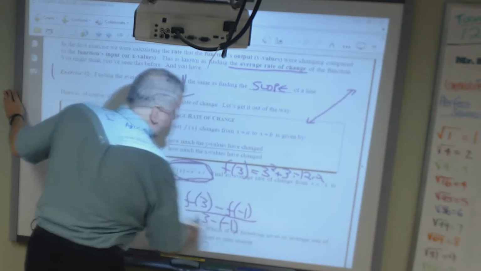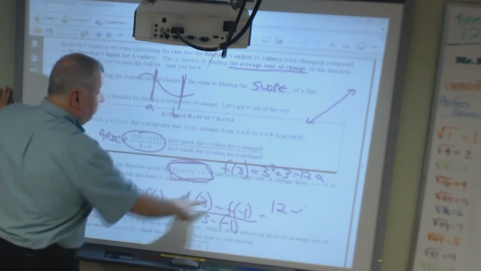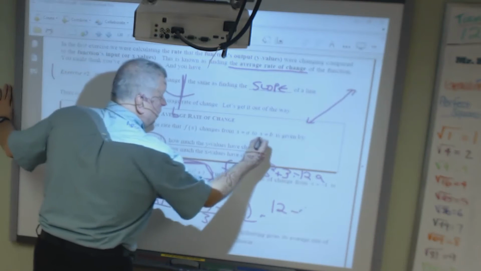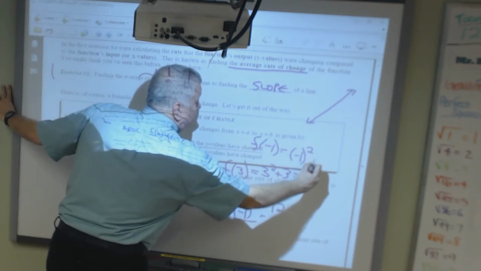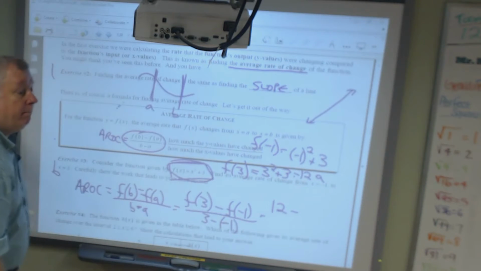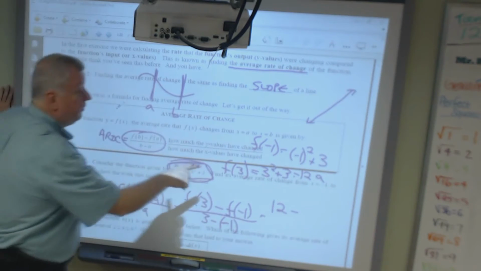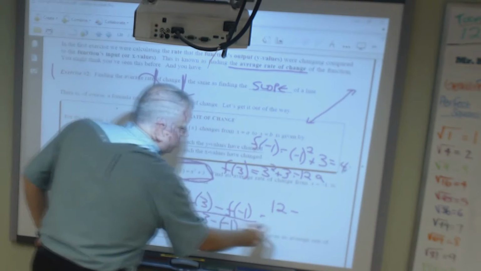Good. So I replace the f of 3 here with 12. What would f of negative 1 be? You have to do the same thing. What's negative 1 squared? What's negative 1 times negative 1? Positive 1. What's 1 plus 3? 4. So we replace the f of negative 1 with the 4.